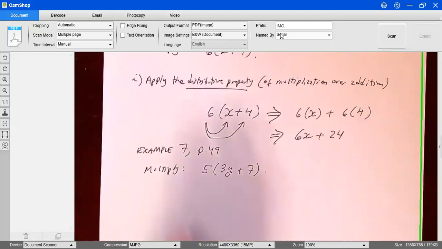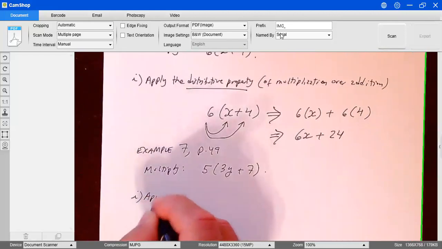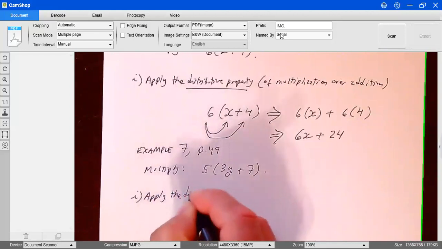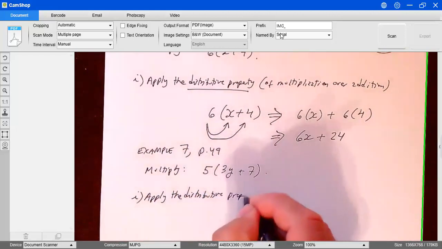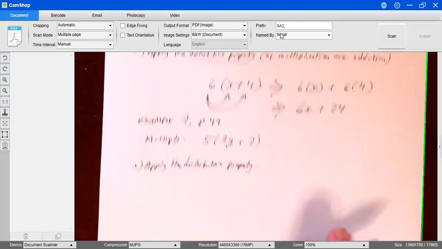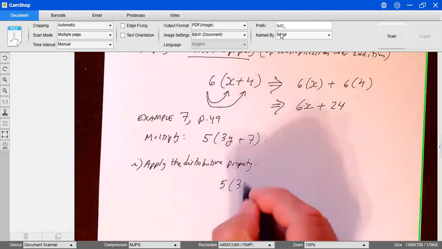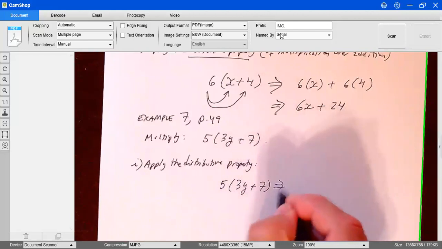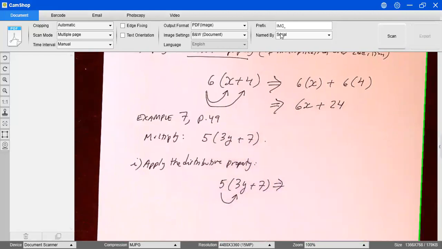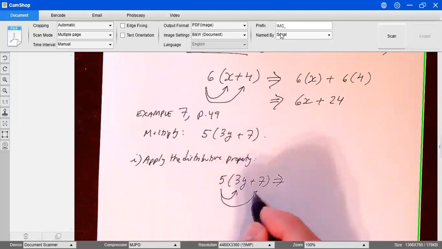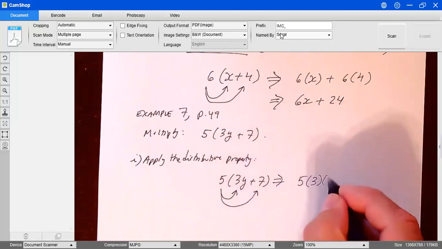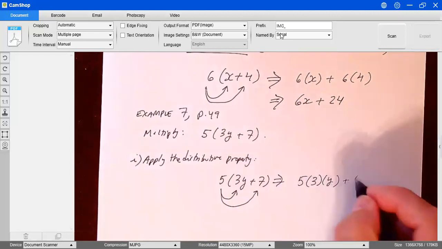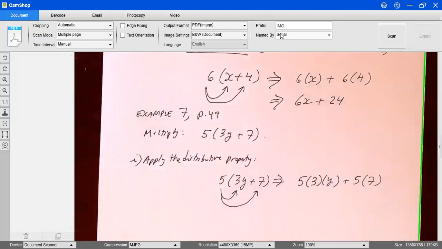So again, we're going to apply the distributive property again. So we're going to have 5 times 3y plus 7. We're going to multiply 5 and 3y and 5 and 7. So we're going to write 5 times 3 times y plus 5 times 7.